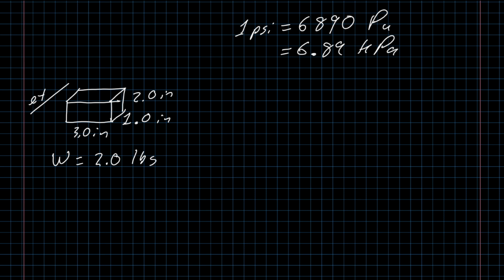And let's further say that it has a weight of 2 pounds. As I drew it, it's kind of just floating off into space, but you can think of it as sitting on a table or some other sort of a surface. And I just realized that I labeled it backwards because I wanted it drawn so that the 1 inch was sticking up and the 2 inches by 3 inches were the part that was resting on whatever surface it is resting on.